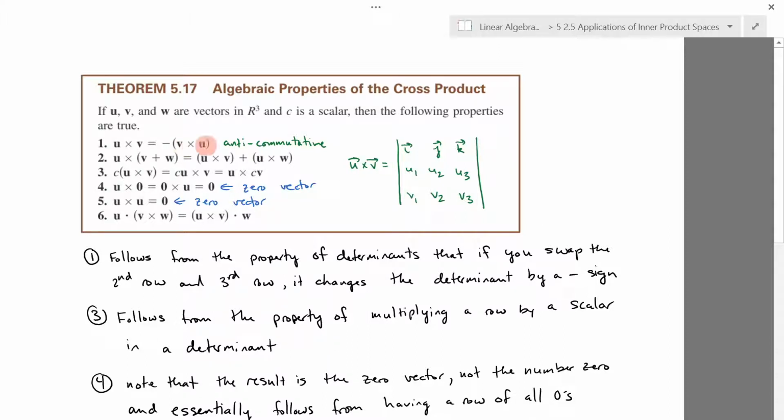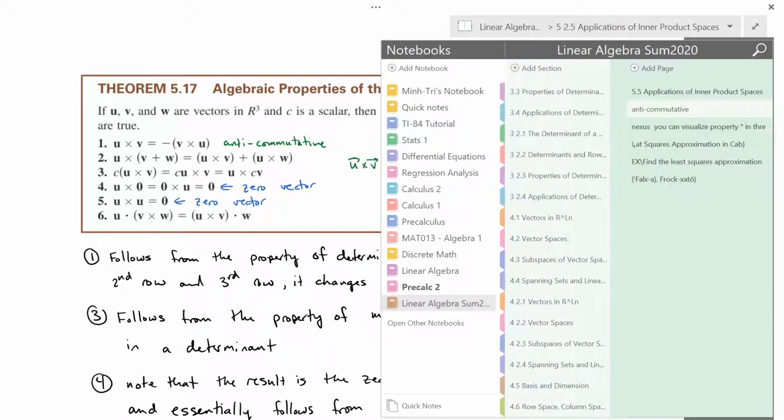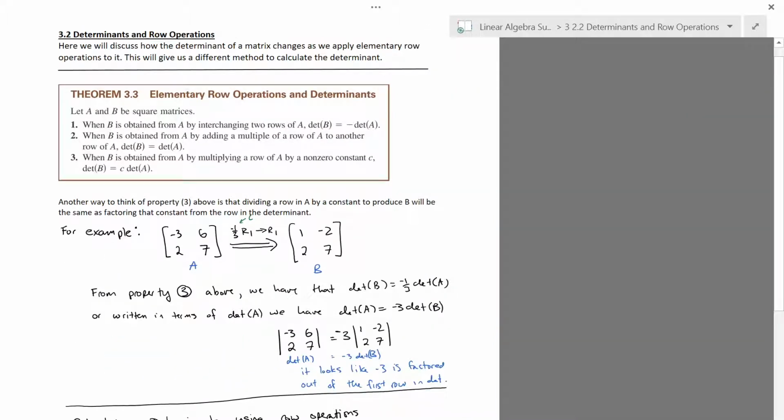For v cross u, you're just switching the role of v and u in this determinant, so the v's would now be in the second row and the u's in the third row. And the property of determinants when you swap two rows is that it changes the determinant by a minus sign, right? So if you go back to section 3.2, if you interchange two rows, then determinant of B is minus determinant of A.